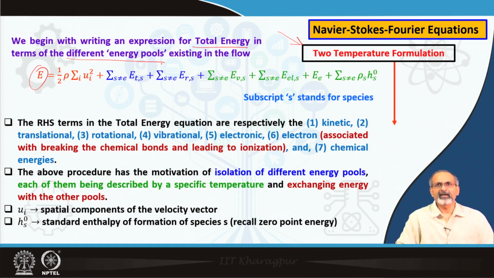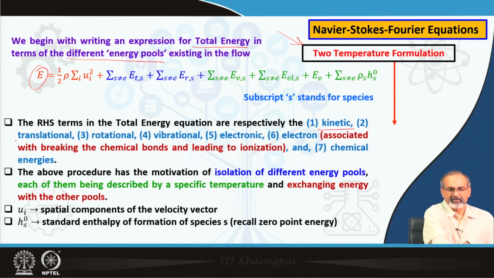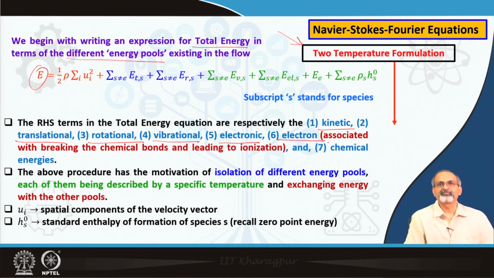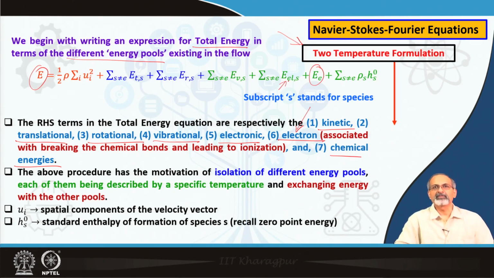If you look at the right hand side of this equation, it comprises kinetic, translational, rotational, vibrational, electronic and electron energies. Further, chemical energies. When we say electron energy, it is associated with breaking the chemical bonds and leading to ionization, which we have mentioned earlier also, and that is what stands out over here, while the electronic part is with a subscript EL.